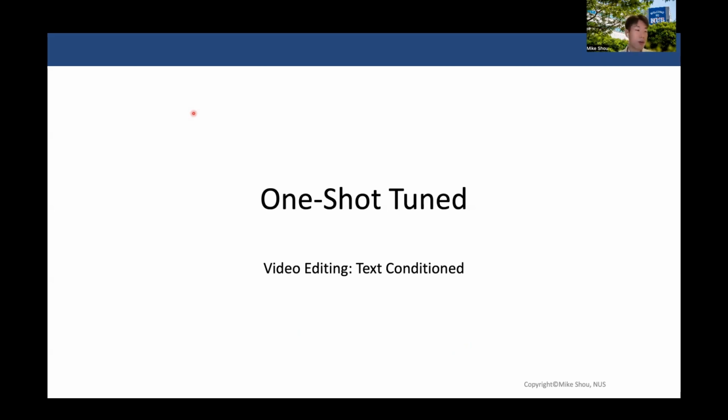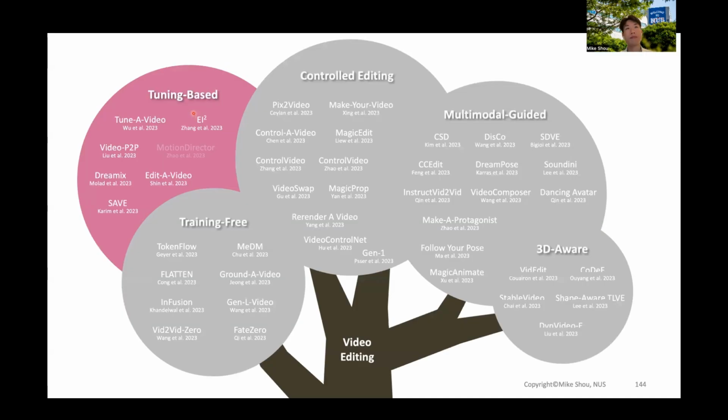Since it's just one video, we often have this so-called one-shot tuning scenario, so you only tune on this single video. Based on some textual description provided by the user, describing how they want to change or edit the video, these texts are also conditioned.